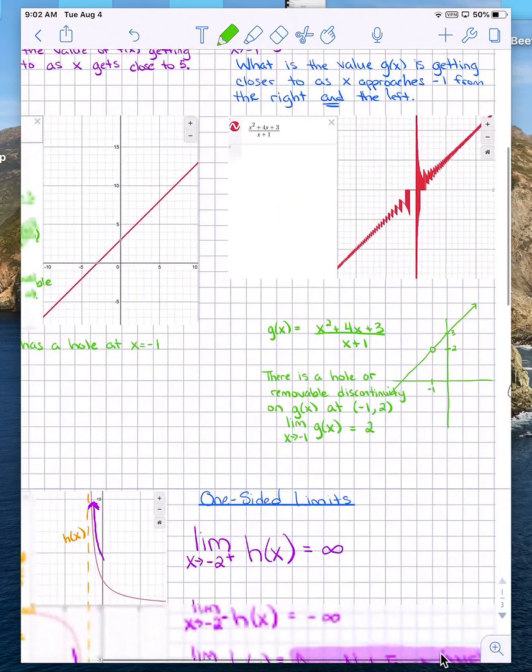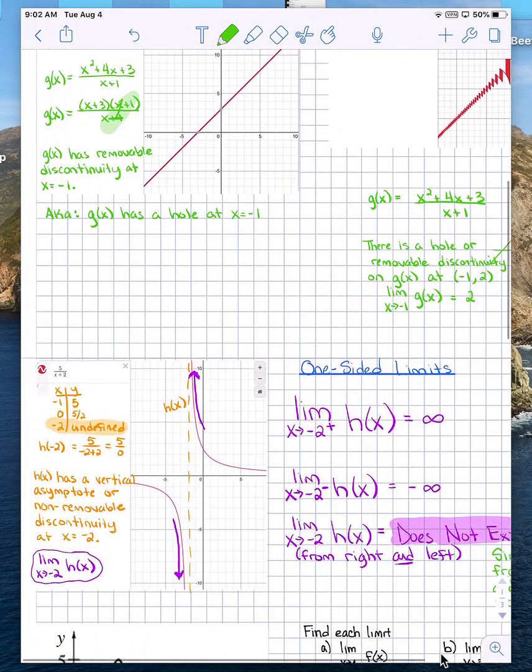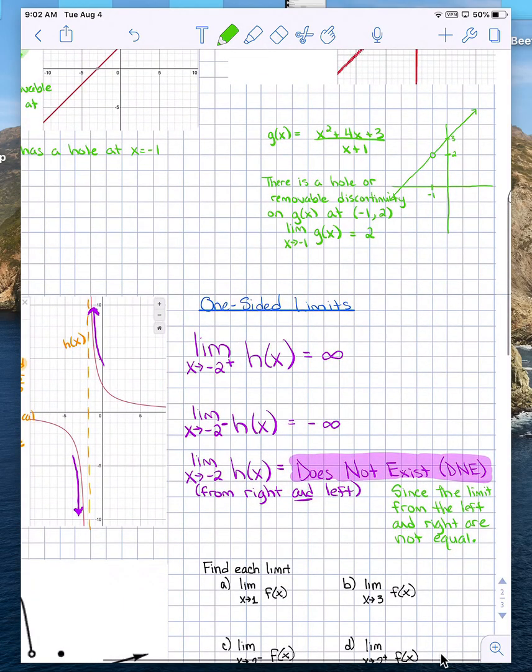And then we looked at this non-removable discontinuity, this vertical asymptote. And by looking at the one-sided limits, we saw that the limit at this non-removable discontinuity does not exist. We're approaching positive infinity from the right, negative infinity from the left.